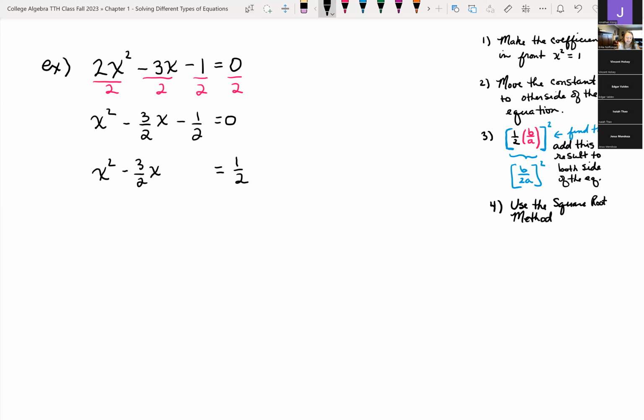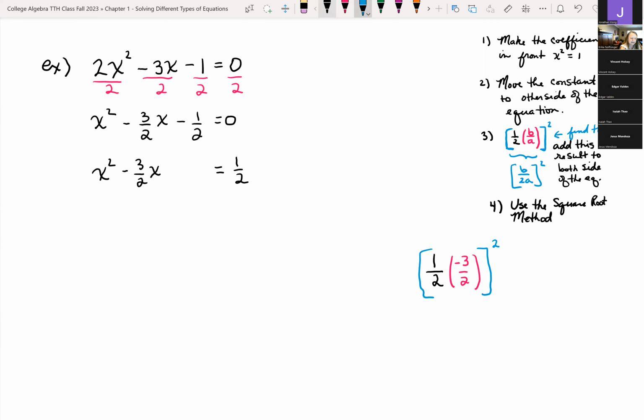It's now telling us to find the value of 1/2 times my b value, b over a in my original, which is this negative 3/2. I'm going to do it on the side. And then we're going to square this result.